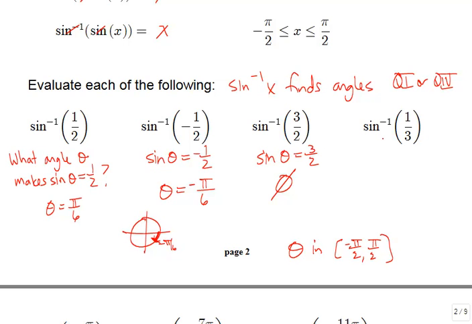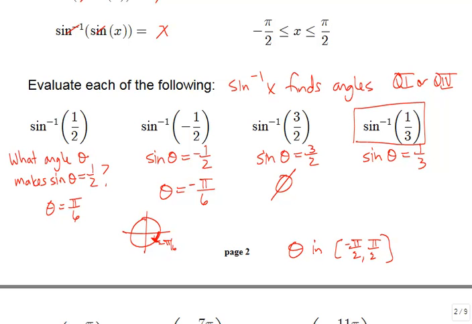Okay? The last one here says the inverse sine of 1/3. So this is like saying sine of what angle theta is going to give you 1/3. Now that's not one of these fractions that we typically see on our unit circle. So this is not going to end up being one of our nice angles. So the only way to figure this out would be to use our calculator, and you would type this expression in exactly as is on your calculator. And then you want to use whatever mode would be appropriate.